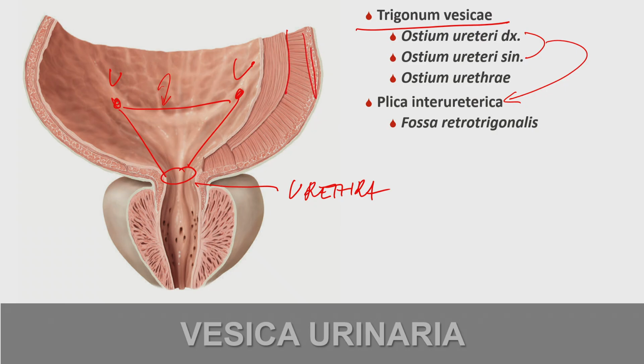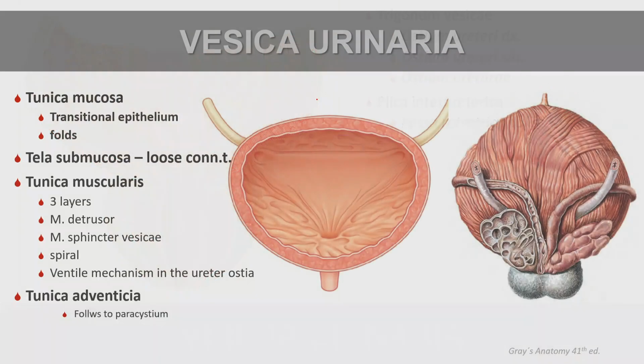The muscular layer is composed of 3 layers. And in general, inside we have a mucosa which contains transitional epithelium, which is elastic. Even though it's elastic, it makes folds, because if you imagine the expansion from 250 milliliters to 300, those folds are then extended, and this is protection from mechanical impairment.